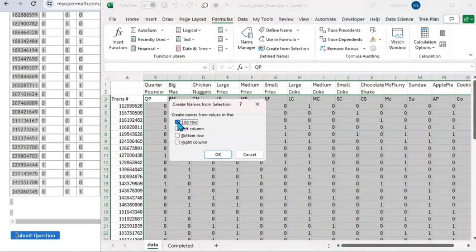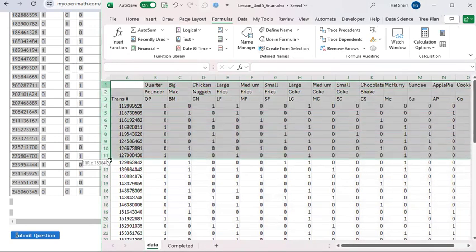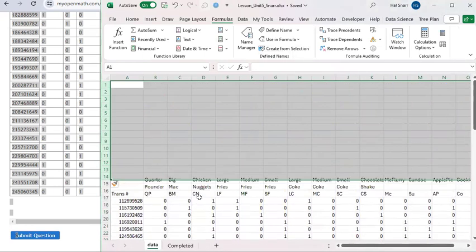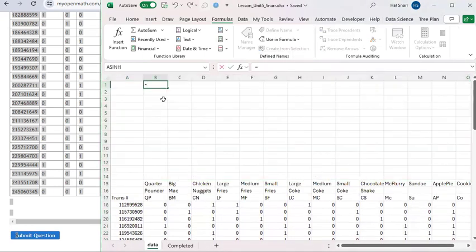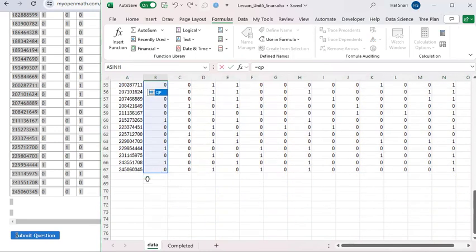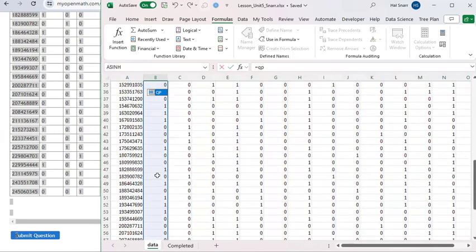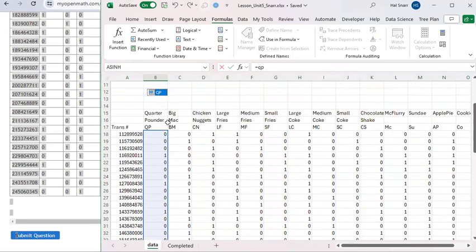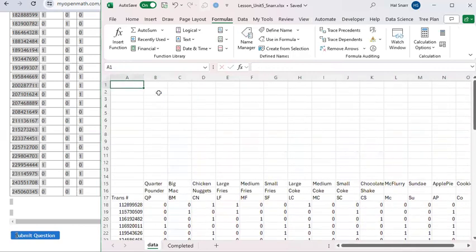Make sure the top row is selected because we're going to use these as the names of these columns. Then I'm going to insert a bunch of rows above to do the work here. When I type equal QP, you can see that set of Excel cells, that Excel object, has been named QP.